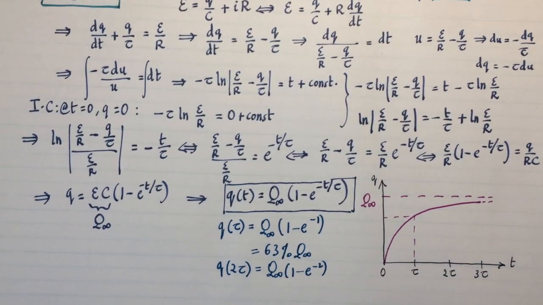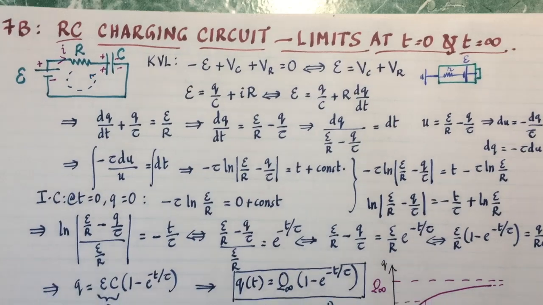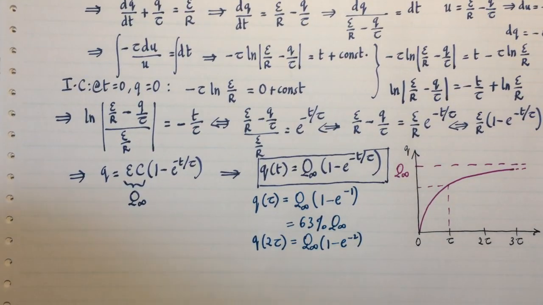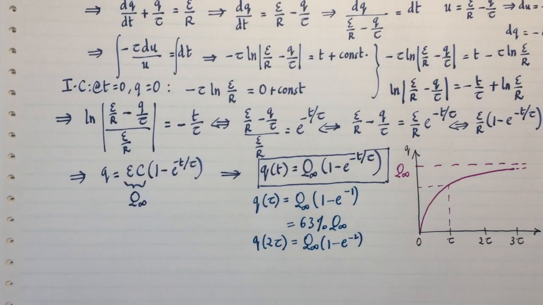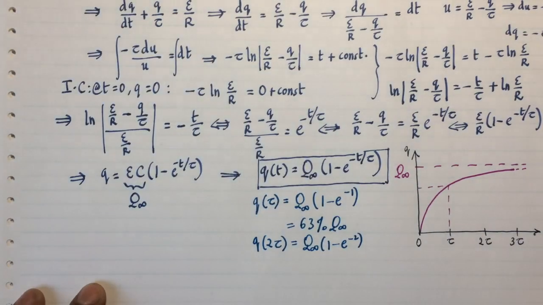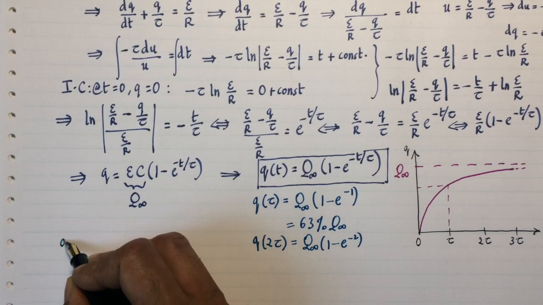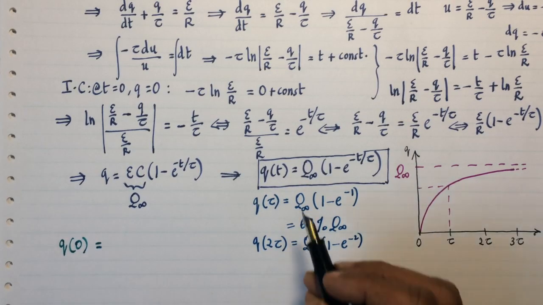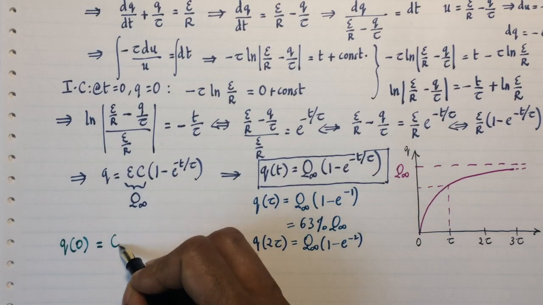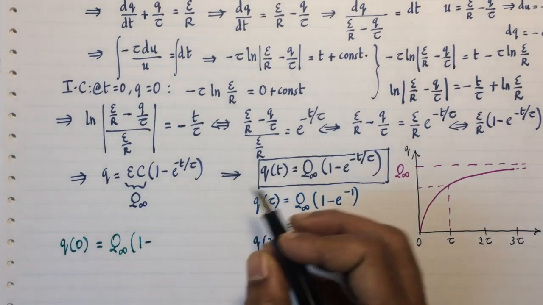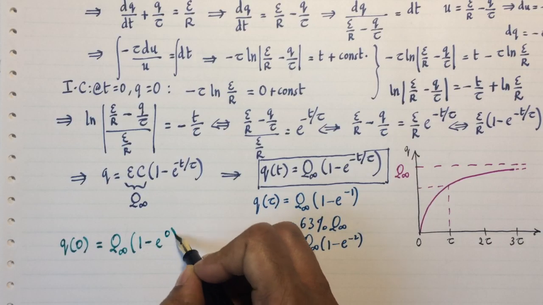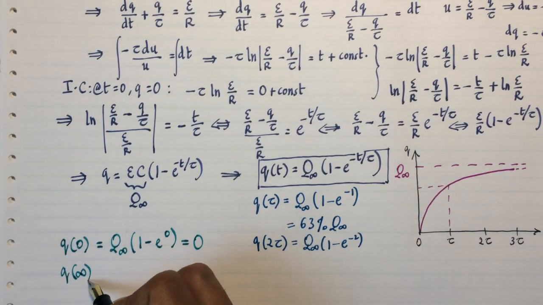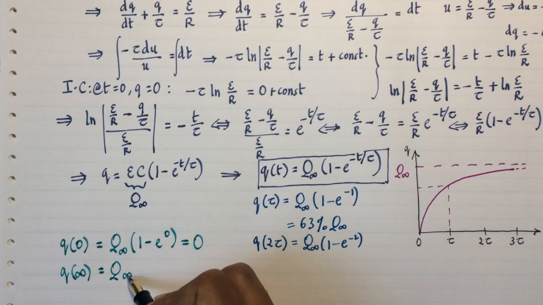Now, I also want to talk a little bit about the limits at t equal to 0 and t equal to infinity for both the charging and the discharging circuit, for this particular circuit actually. So if I take the Q at 0, this tells me that is equal to Q infinity times 1 minus e to the 0. Well, e to the 0 is 1, so that's 0. And at infinity, Q is Q infinity.